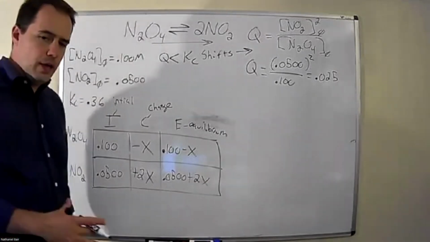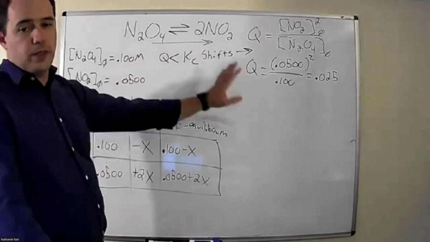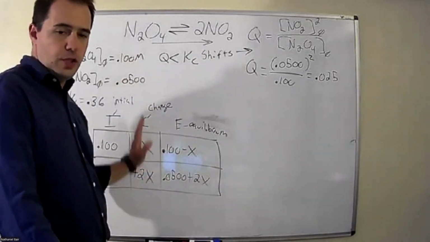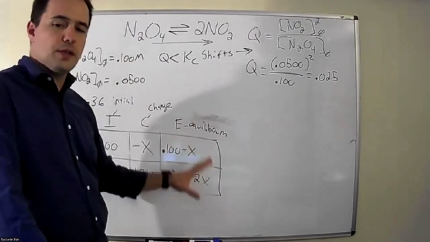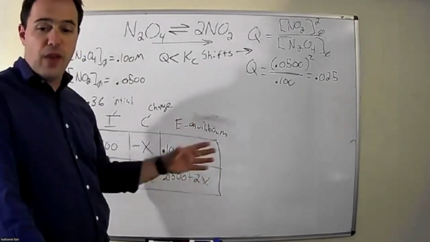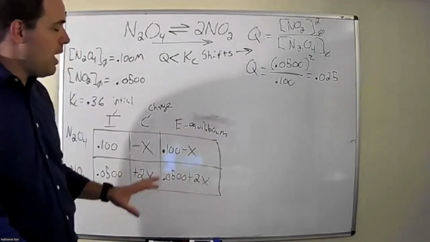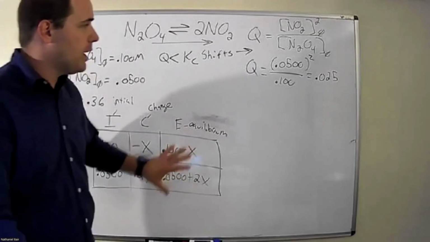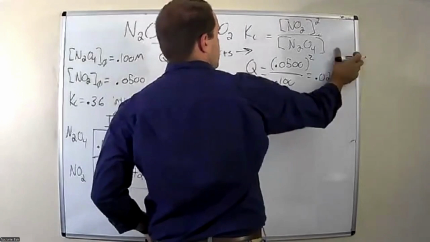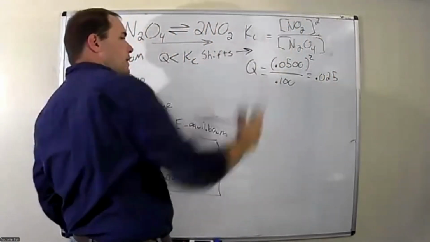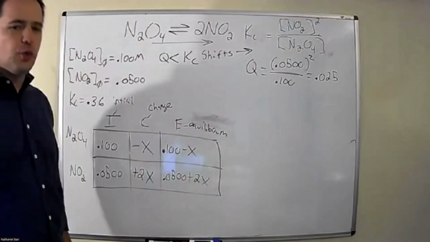What we have now done is, by defining the initial concentration, by determining it's going this way and it's going to change by this, we have now defined the equilibrium concentrations in terms of x. And now what we can do is this. We can now plug these equilibrium concentrations into the mass action expression and then solve for x using the magic of algebra 2.